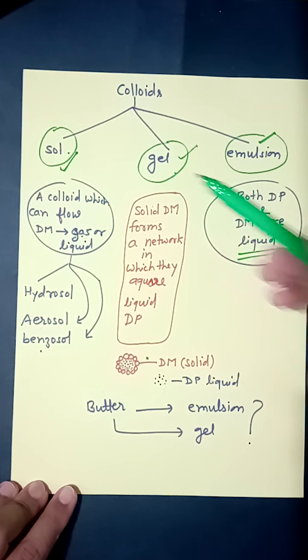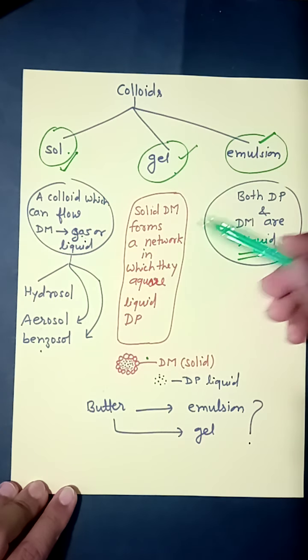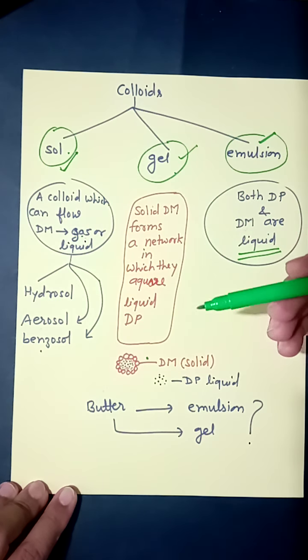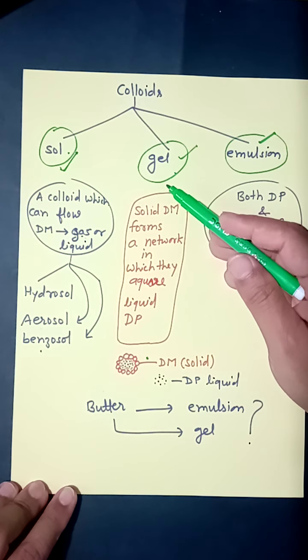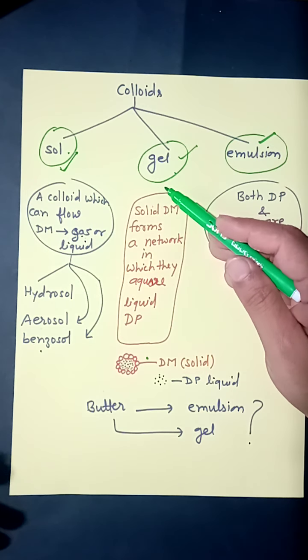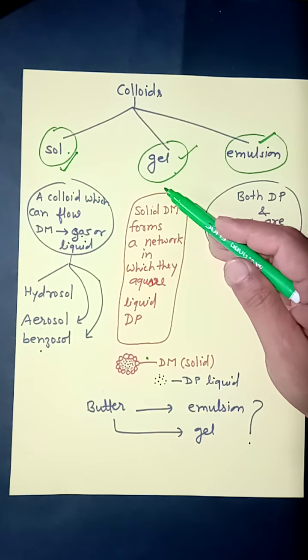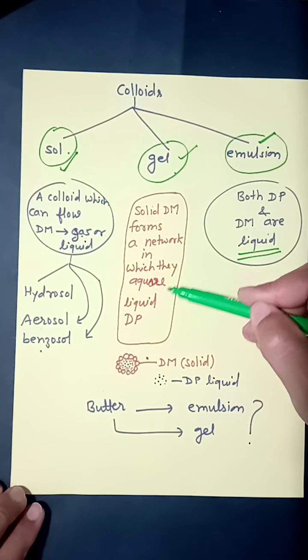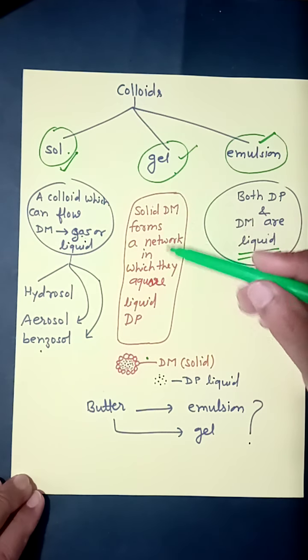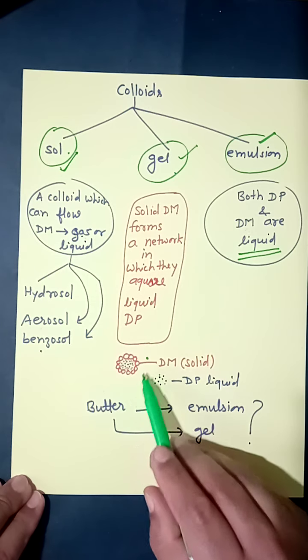Now the last point here is gel. You have seen gel, hair gel, even your toothpaste is also gel. Gel means it cannot change its shape by its own, but when you apply some pressure, it can easily change its shape. So what happens in gel? Here you can understand by this example.